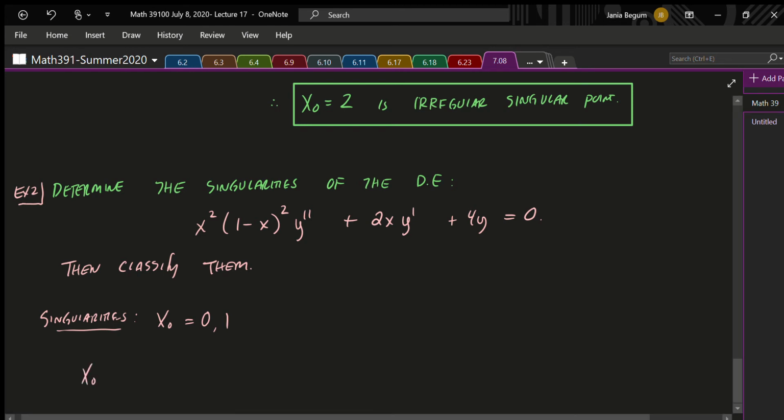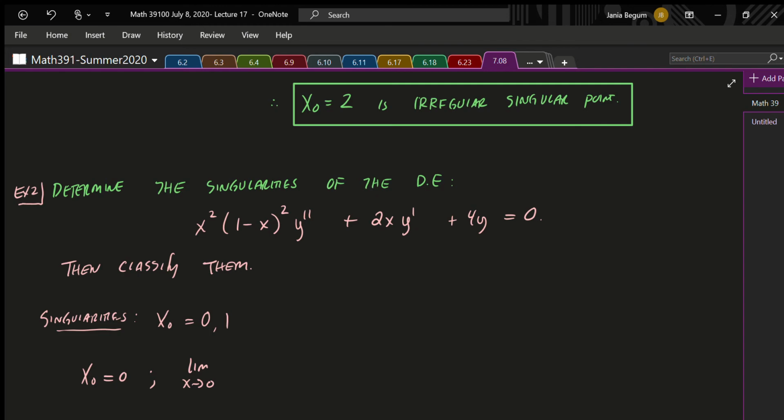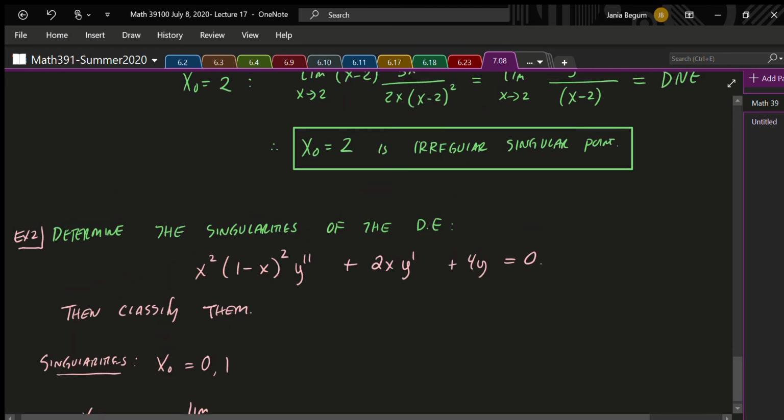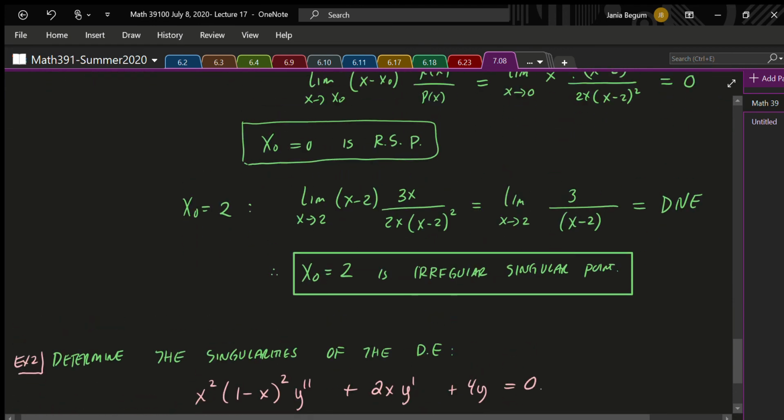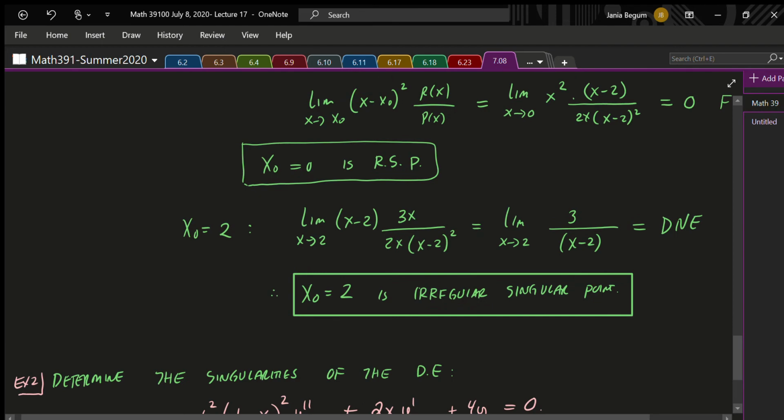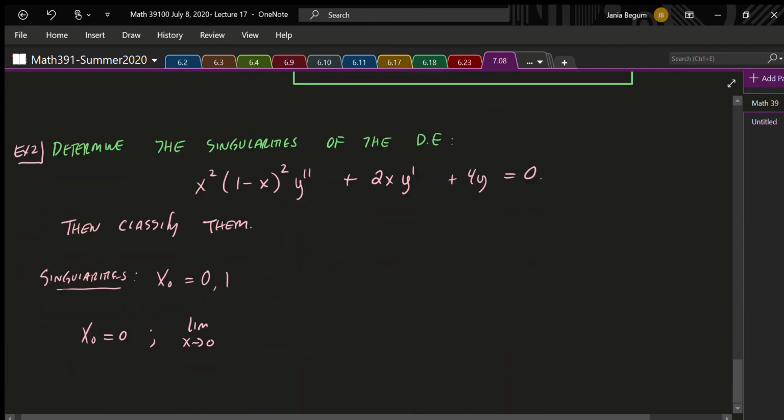So for x naught equal to 0, we take the limit as x approaches x naught, which is 0 in this case, of x minus x naught times q of x over p of x.